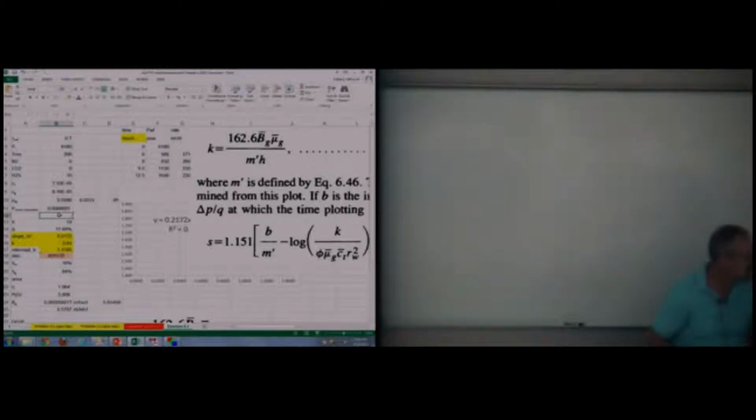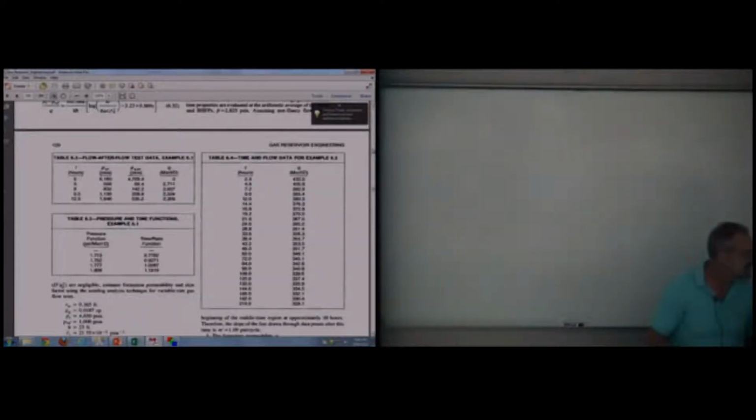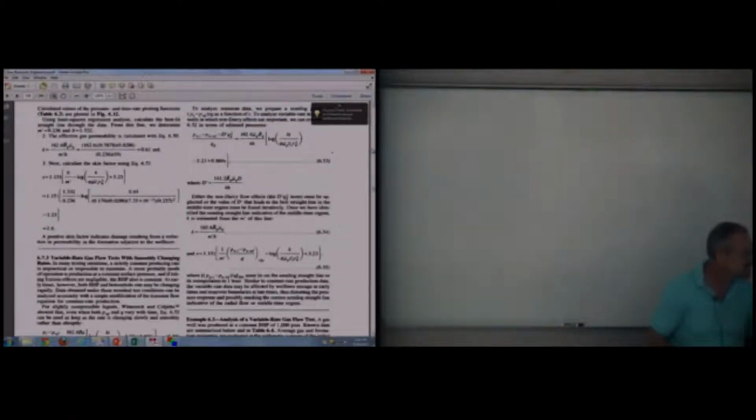Just like I said, I'll get a divide by 0 until I enter the wellbore radius, which is given in the problem as what? 0.225. 0.225? Yes, sir. Okay, and what does the textbook tell me my skin is? 2.6.